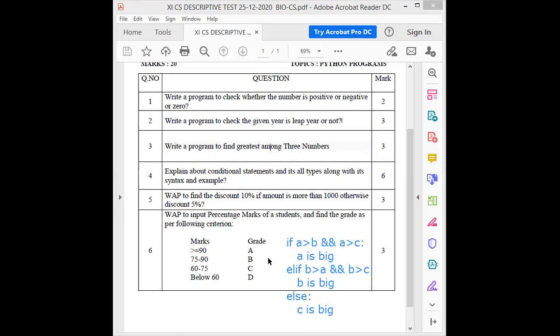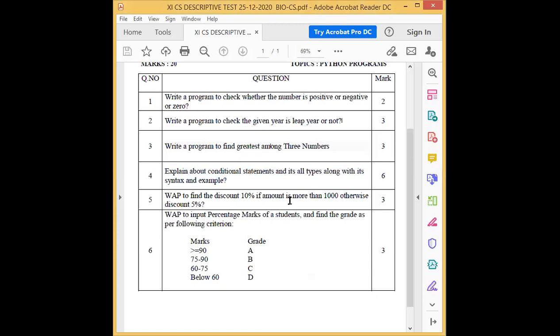Indu, Madhushri, yes, sir. Good. Okay, so the next question is a theory question. Explain conditional statements and all their types along with syntax and example. Here you have to explain all the four types of conditional statements with syntax, definition and one simple example.